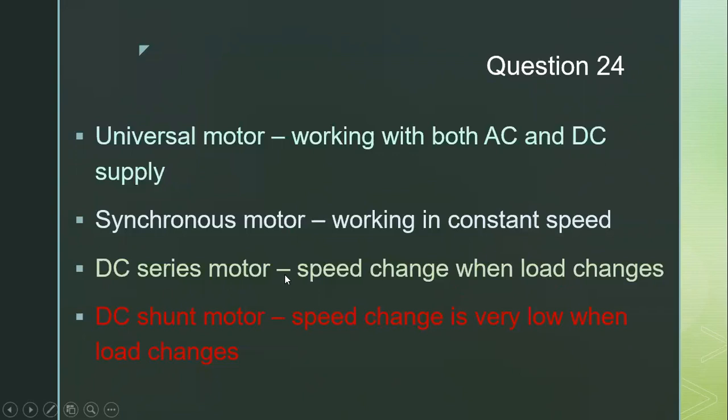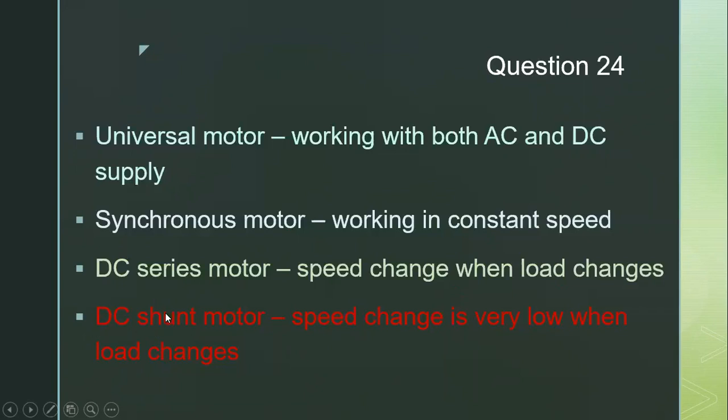In the DC series motor, when the load changes, the speed changes not slightly but a big change will be there. Next is the DC shunt motor. Speed change is very low when the load changes. So the DC shunt motor is very familiar with the squirrel cage induction motor.